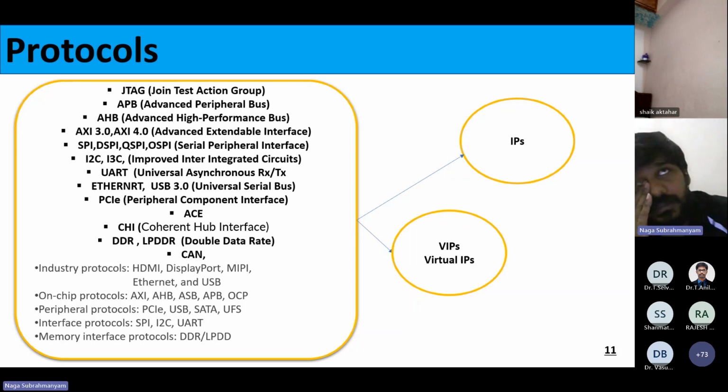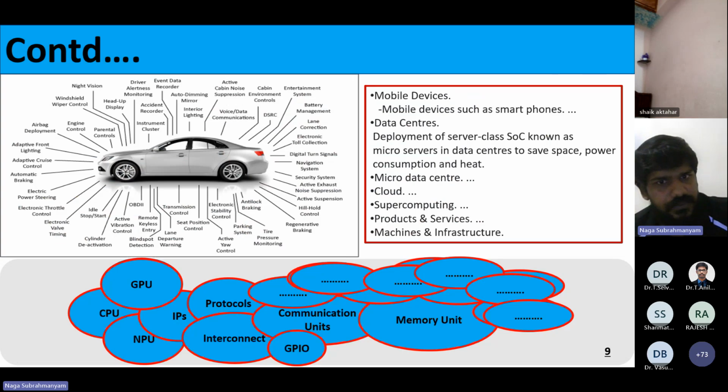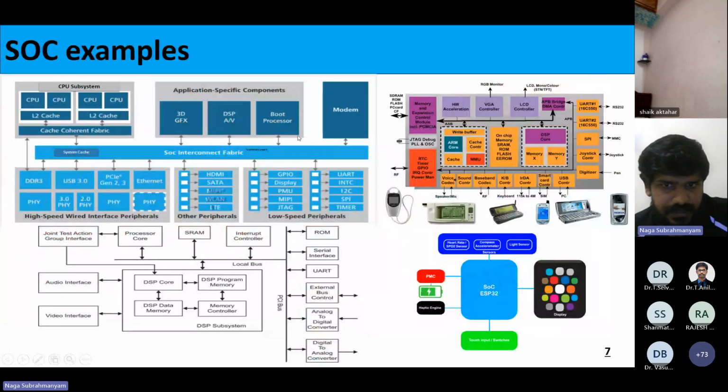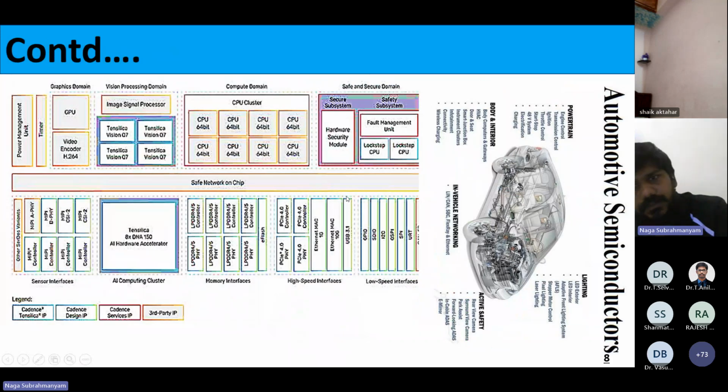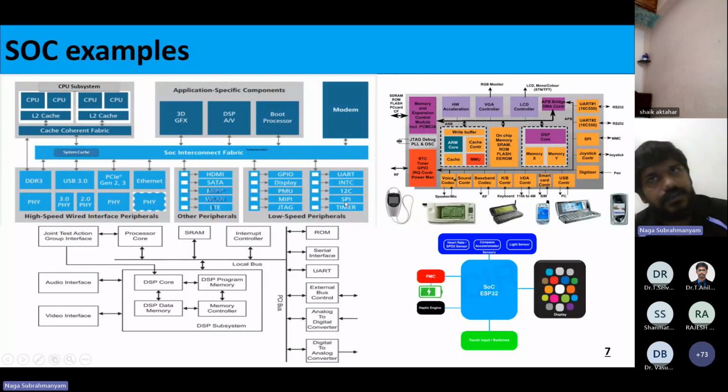And one more point I want to make here. Suppose on our SOC, you have seen the SOC here, right? Here SPI is there. Okay, and designs are mostly of two types.